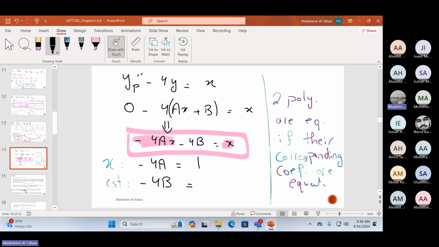On the right-hand side, do we have any constant? No, so the constant is equal to 0. If we had x plus 2, the constant would be 2.